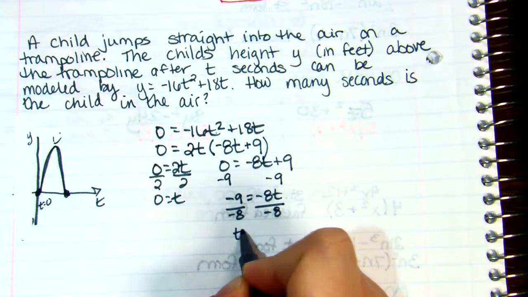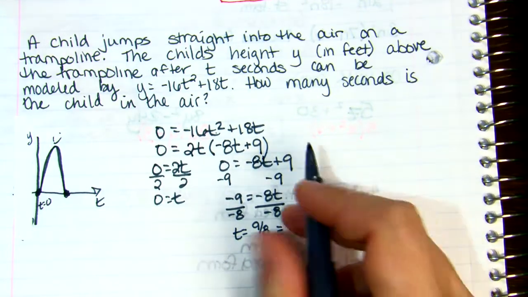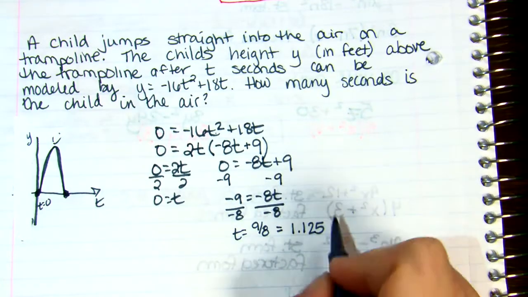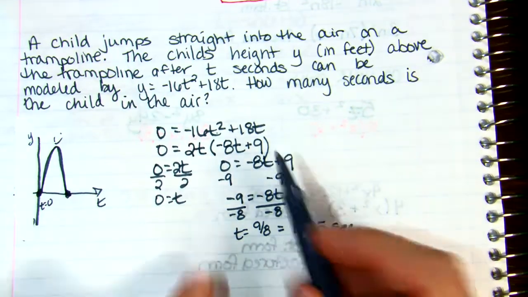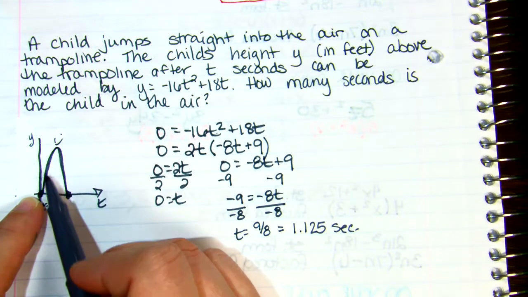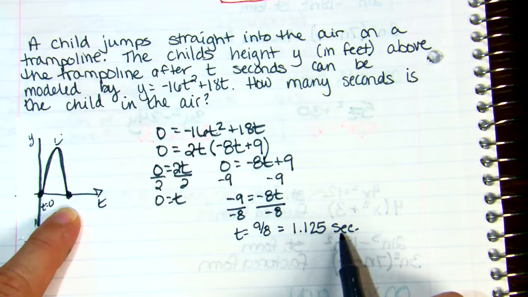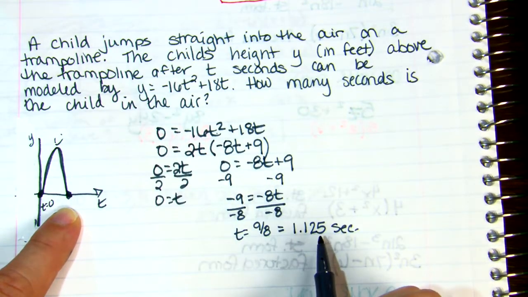So I get that time equals 9/8, or if I use a calculator or my head, I get 1.125 seconds. So the kid leaves the trampoline when time equals 0, hits the trampoline when my time is 1.125 seconds. So that means the kid is in the air for 1.125 seconds. That's how much time has passed.